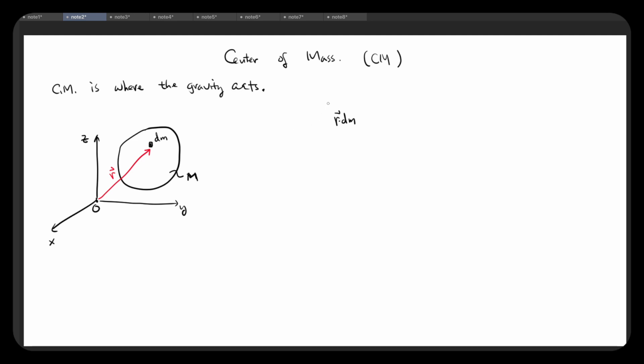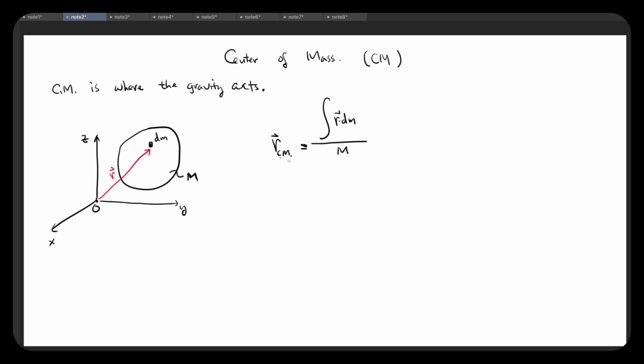And we're going to integrate this over the whole body of the lizard body, and then we're going to divide it by the total mass. That gives us the center of mass position vector.